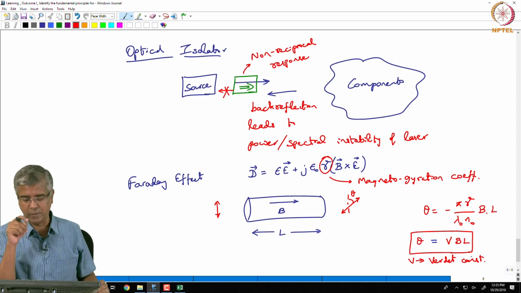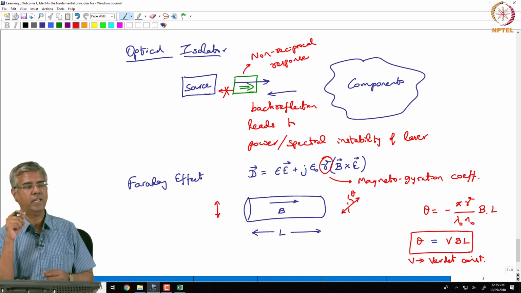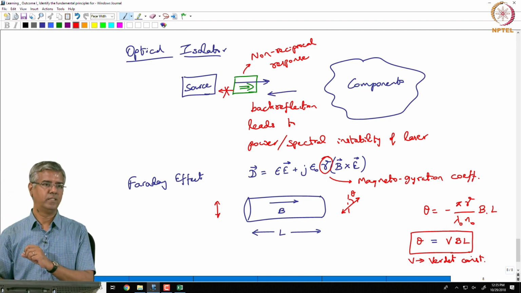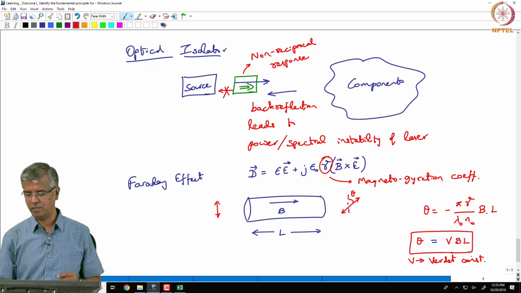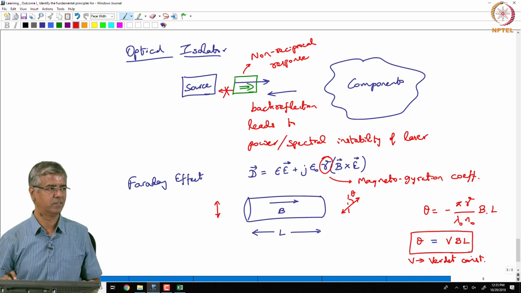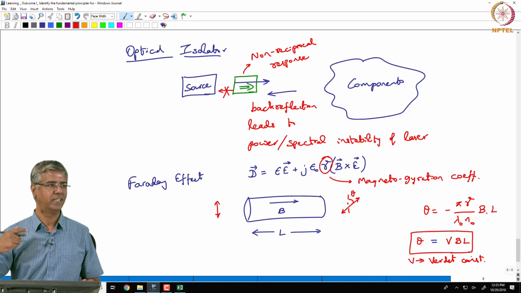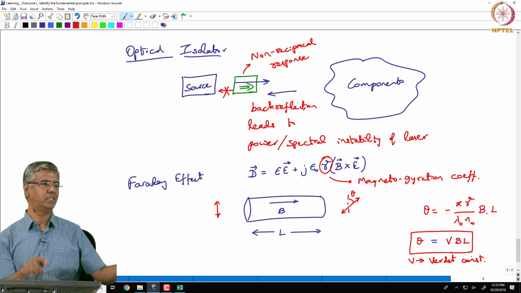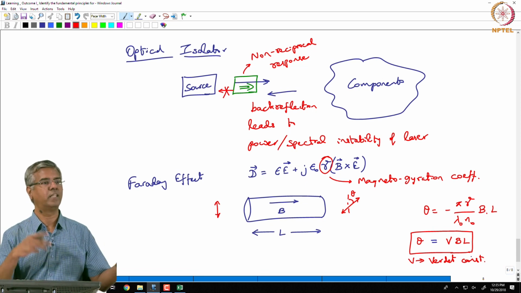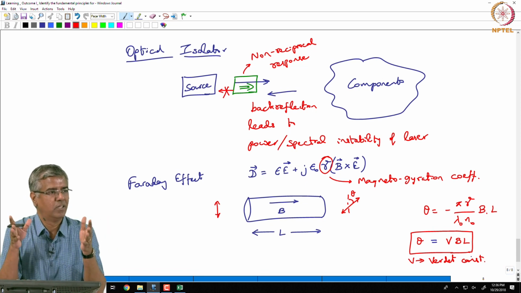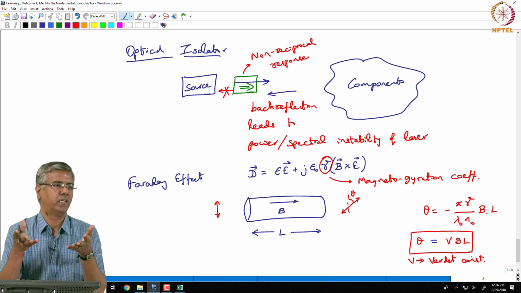But in a half-wave plate, if you had done this rotation and you flip the input and output, or rather you come back with this polarization as the input, you come in with this polarization at angle theta from the right side, it would have gone back to the linear polarization. In other words, the half-wave plate would have been completely reciprocal in nature.